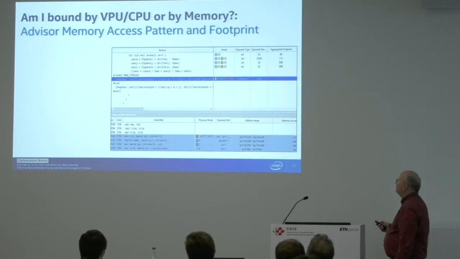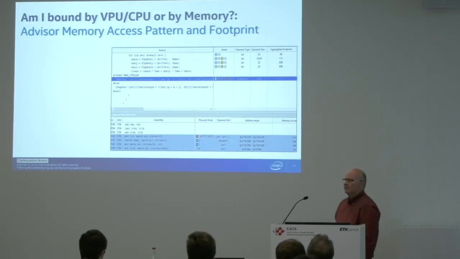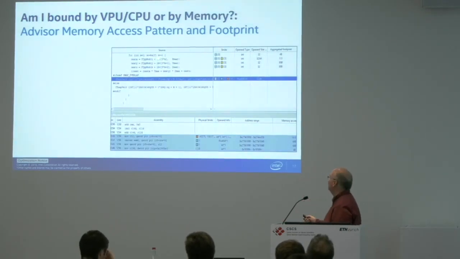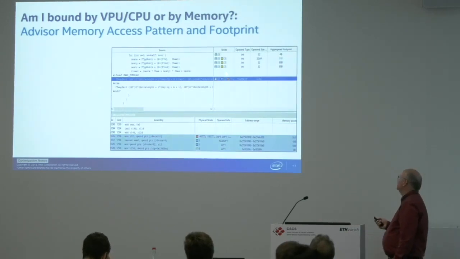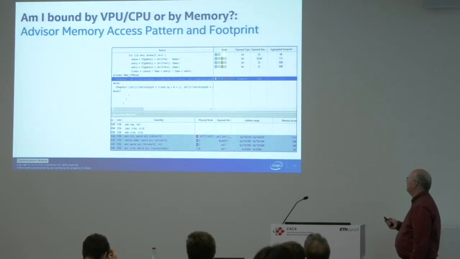And then you can go into the map analysis that shows you the memory access. And I know the code from where it is taken. And you see here these strides listed.